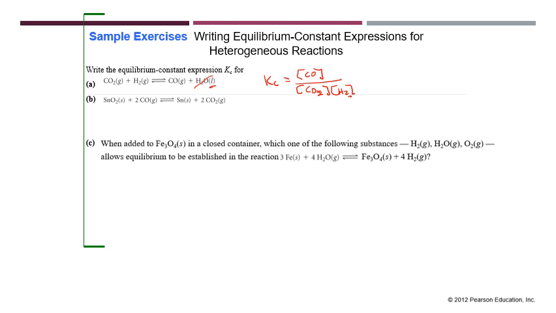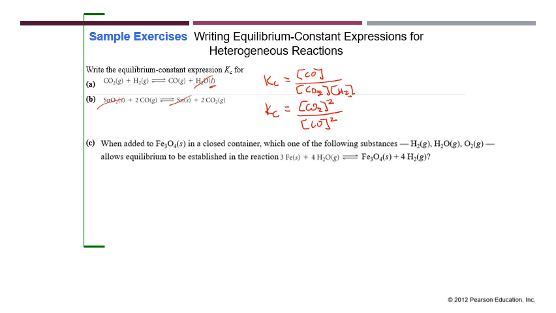For my second example, I have SnO2 as a solid, so again, I can get rid of the SnO2, plus the 2CO forms Sn as a solid. Again, I can remove that, and 2CO2. So for my expression here, my Kc would be equal to the concentration of CO2 squared divided by the concentration of CO squared.